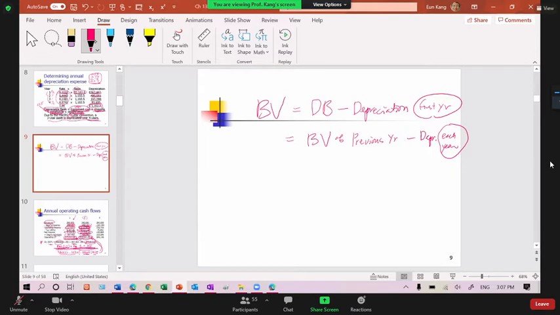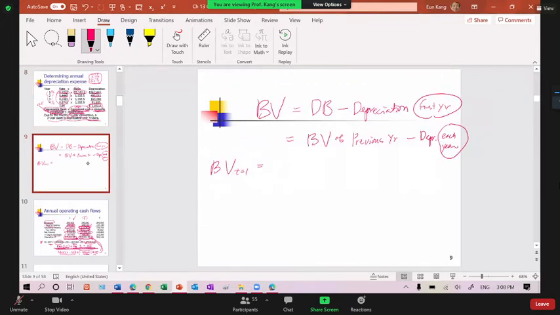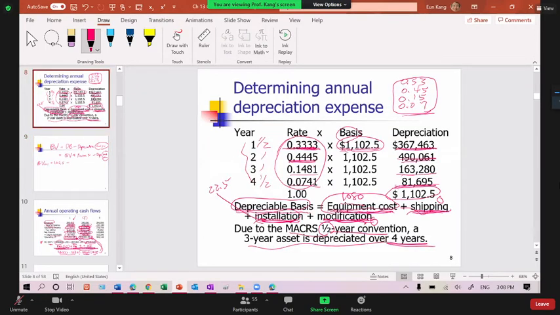So the book value at t equals 1, at the end of the first year, is the depreciable basis, 1102.5, minus the first year depreciation, 367,463.